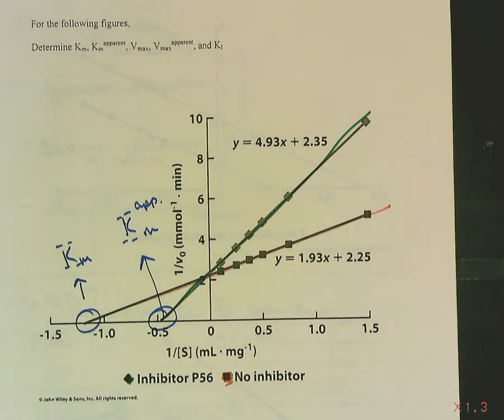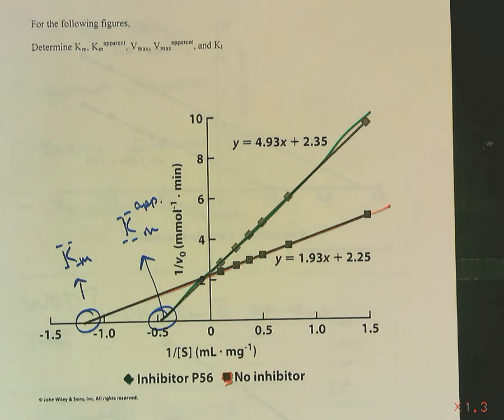Yes, Sarah? So when we say increases or decreases, it's really saying the apparent is less than the actual? Yes. That is what you're comparing it to. So you shouldn't say Km increases or decreases, you should say Km apparent. That would be more appropriate, and hopefully less confusing. Does that make more sense?